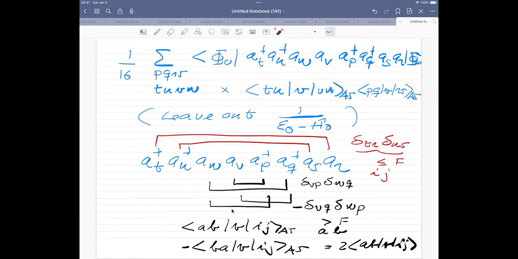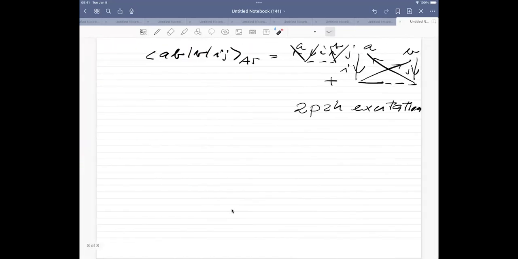So it means that if we now look at the calculations here, there is an additional term which runs like <ij|V|ab>, anti-symmetrized.